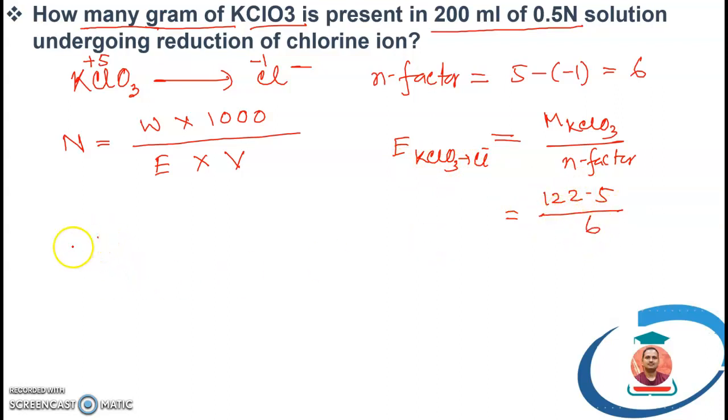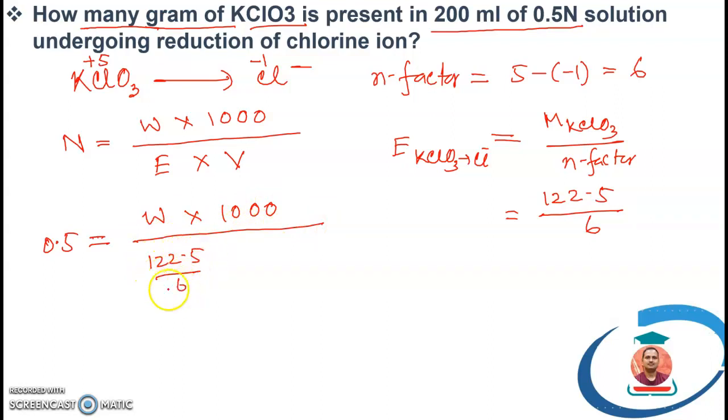What is the normality given? 0.5. So write 0.5 equals W, which we are going to calculate, into 1000 divided by 122.5 by 6 into volume 200 ml.